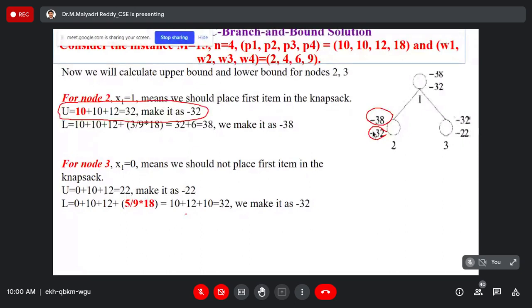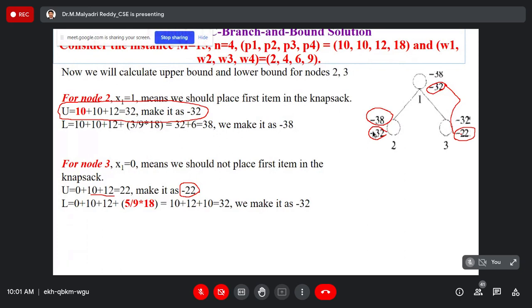Here the upper bound value and lower bound value have decreased. Why? Minus 32 is there above, but here it is minus 22. Because we are sharing a little from it. That means where x1 is included, that 10 is included, and the remaining x2 and x3 are included, that is why its boundary value is minus 22 only.